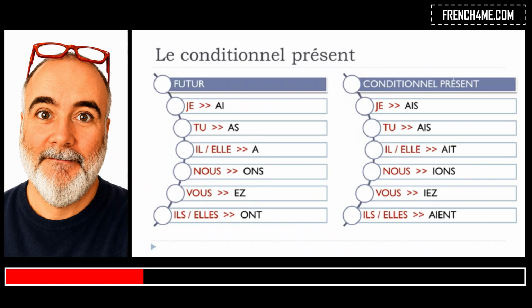To be totally honest, because we construct these two tenses the same way, the endings are the only way to make the difference between the future and the conditional. So it's quite important to remember them by heart. Future: AI, AS, A, ONS, EZ, ONT. Conditionnel présent: AIS, AIS, AIT, IONS, IEZ, AIENT.